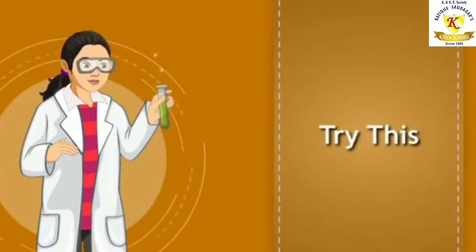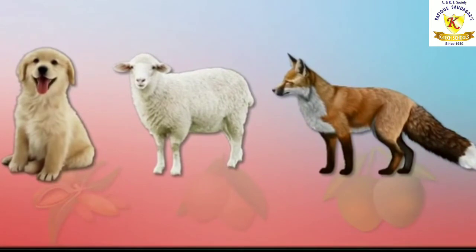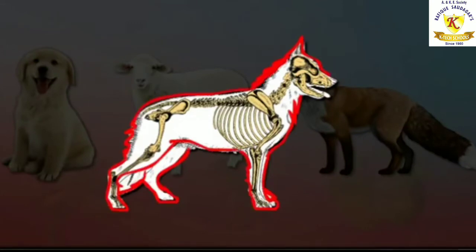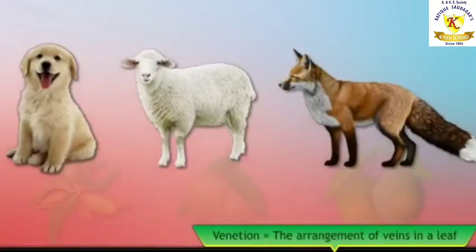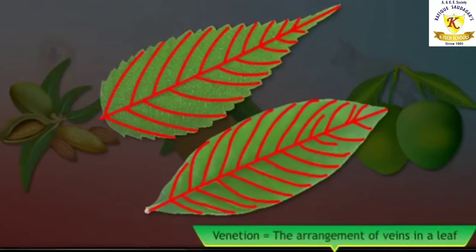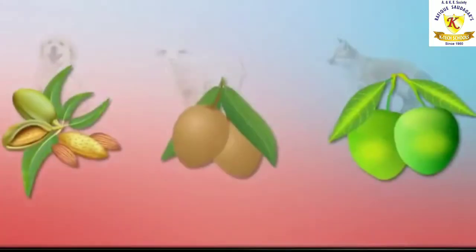Now children, let's try this. Observe the images and note the similarities between the given animal images and plant images. Various similarities like the structure of mouth, position of eyes, structure of nostrils and ear pinnae, and thickly distributed hairs on the body are seen in animals, whereas similarities in characters like leaf shape, leaf venation, leaf petiole, etc. occur in the case of plants.